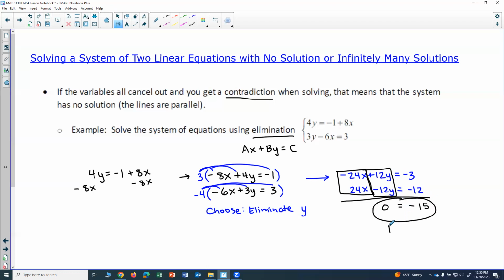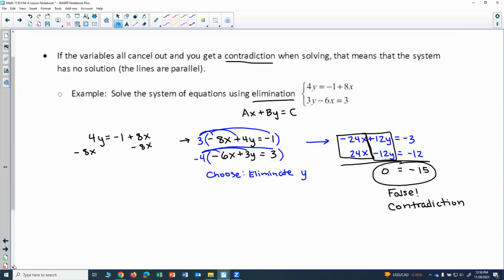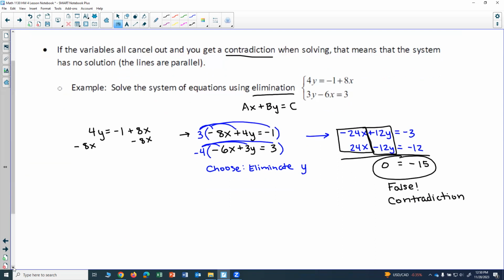Now 0 is not actually equal to -15, so this is false. Another way to think of that is that it's a contradiction. So notice that all the variables went away, and I ended up with a contradiction. 0 equals -15. And so that's what tells me that there's no solution to the system of equations.